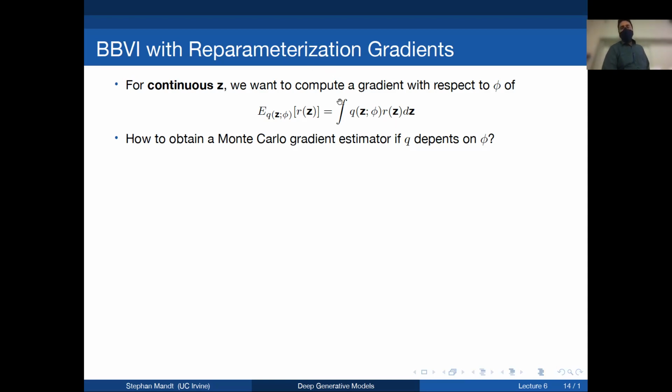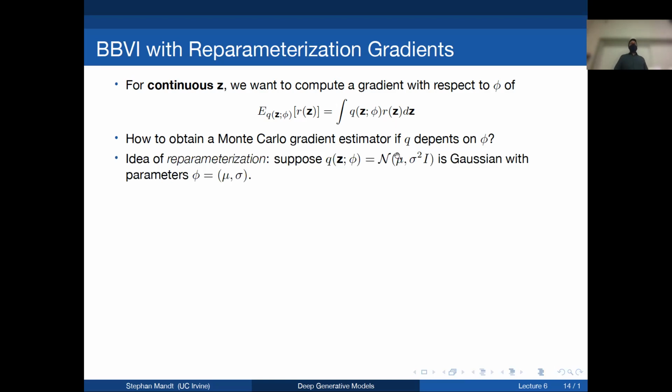That expectation is given as an integral with respect to that Q distribution, and the argument of that integral is r of z. We integrate over z. We assume that z is continuous, which is essential in this reparameterization trick. So the question is then, how do we obtain a Monte Carlo gradient estimator if Q itself depends on phi?